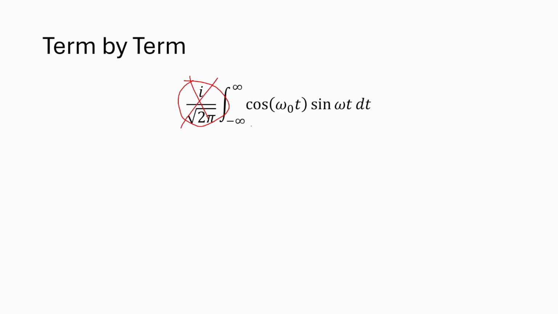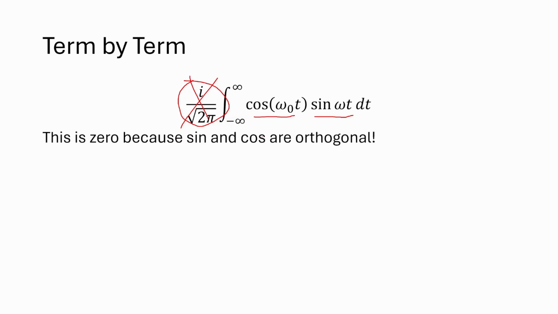Instead, you look at this and you're like, this is an inner product of a cosine function with a sine function. And the result from that just has to be zero. Those two functions are orthogonal to each other. Their inner product is zero.